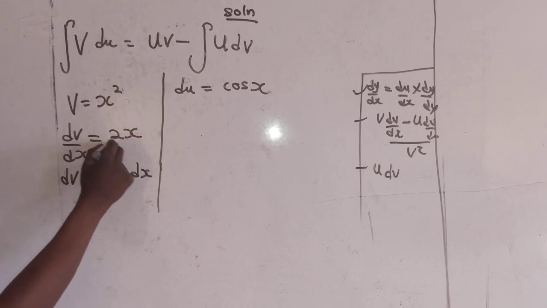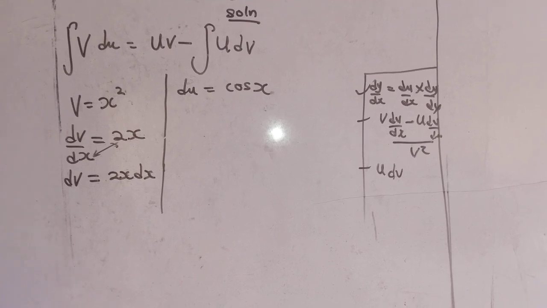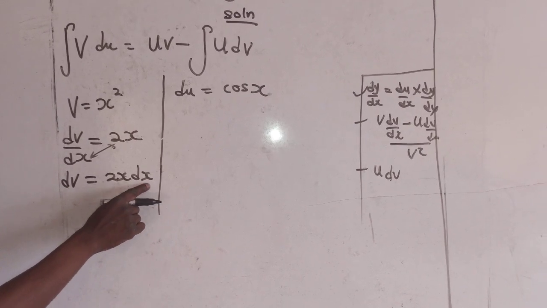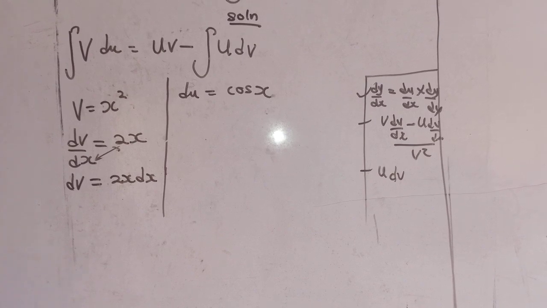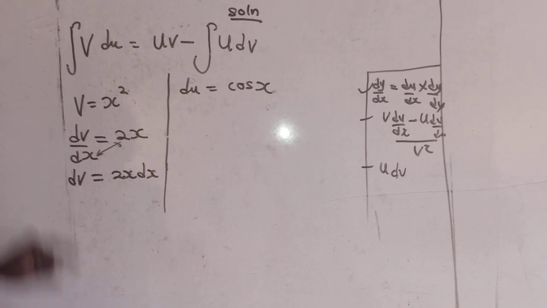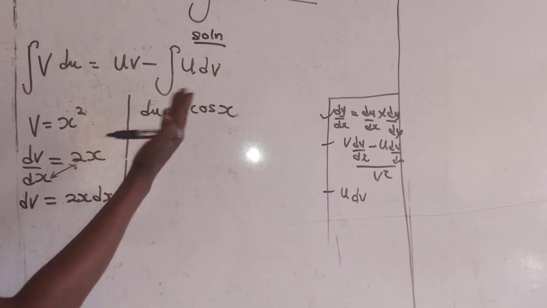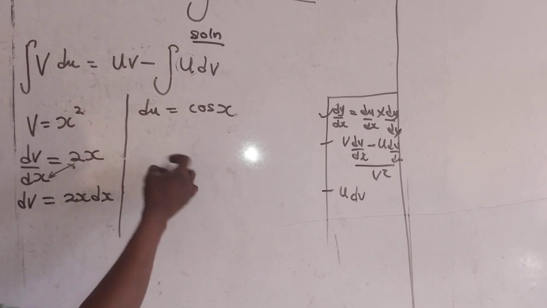When you do your cross multiplication, you can now have dv equals 2x dx. Now you have gotten your v and dv. Now we have du, but we don't know u, so we need to find u.